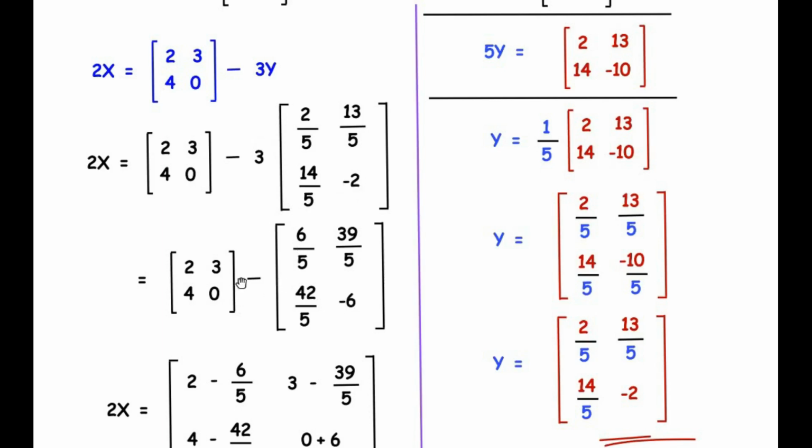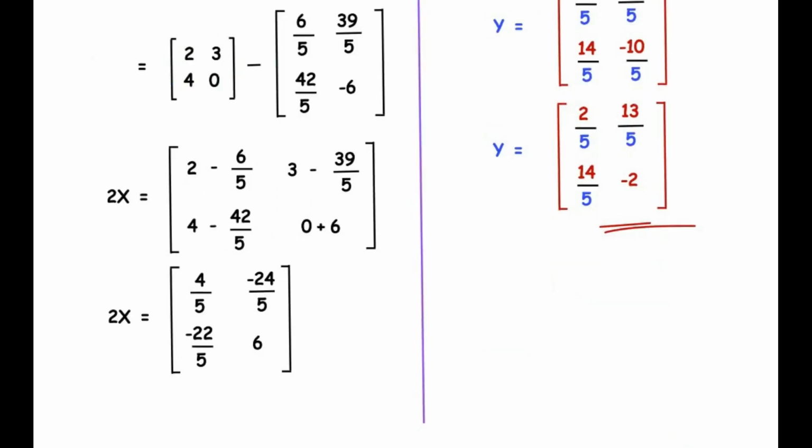Now performing the subtraction operation, we get 2x is equal to 2 minus 6 over 5, 3 minus 39 over 5, 4 minus 42 over 5 and 0 minus of minus 6 is plus 6. Now here we have to just simplify the elements. So 2 minus 6 over 5 gives us 4 over 5. 3 minus 39 over 5 is minus 24 over 5. 4 minus 42 over 5 is minus 22 over 5 and 0 plus 6 is 6.